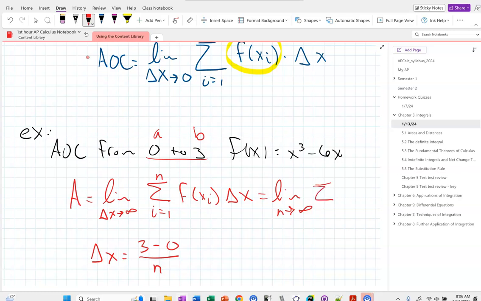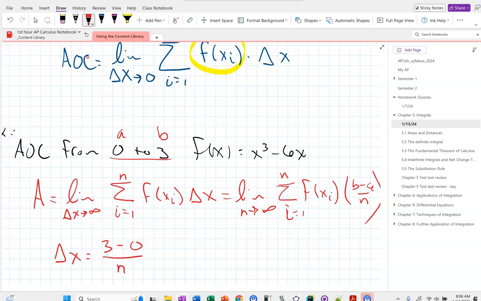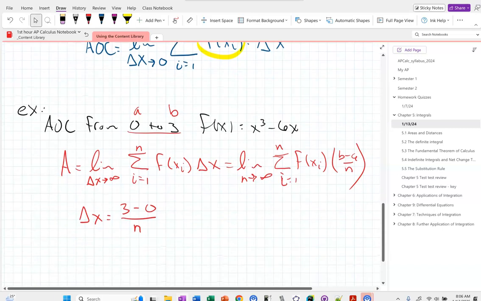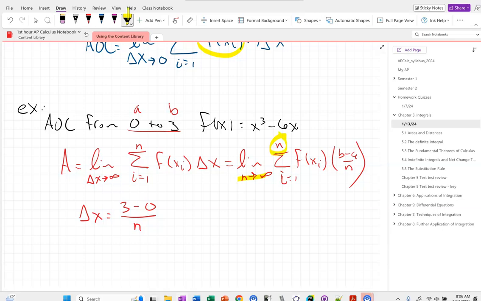And I want to rewrite it this way because I want to get everything in terms of one variable, right? Instead of having n's and delta x's in here, now I've gotten just n's everywhere. So n is changing, so I'm getting n subdivisions, and I'm splitting them into infinitely small width. Is that okay so far?